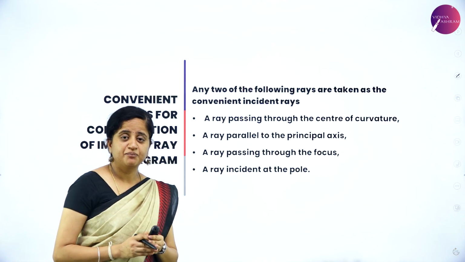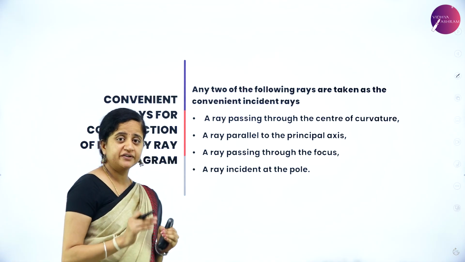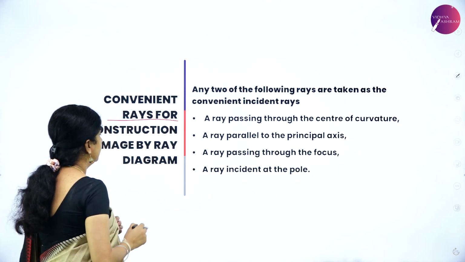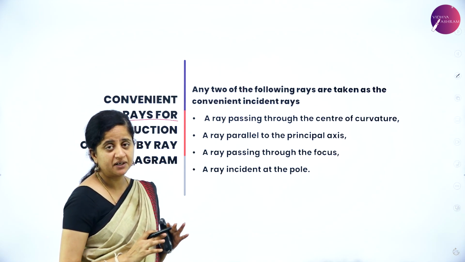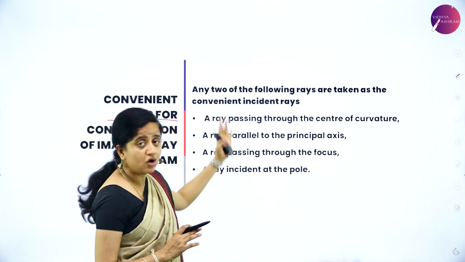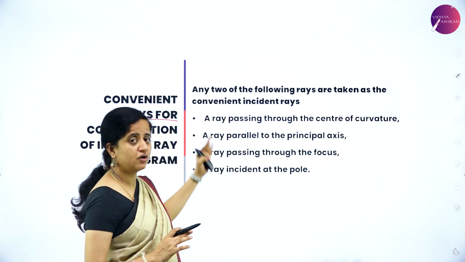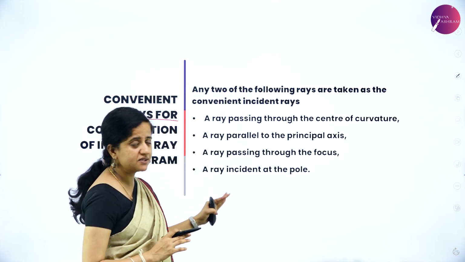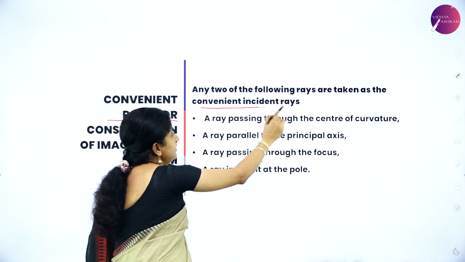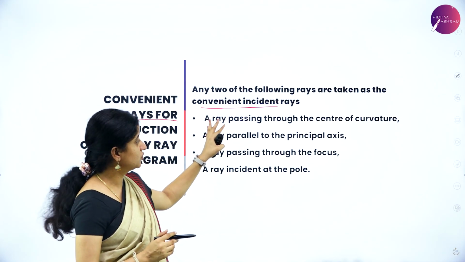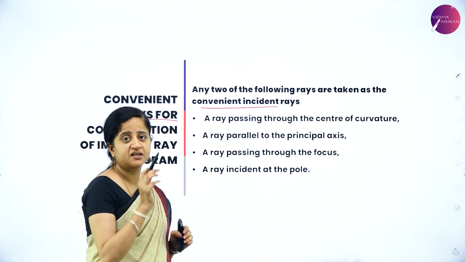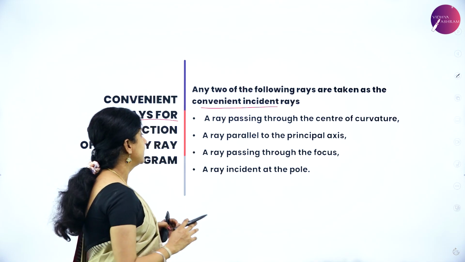It is also very important to know certain rules, or convenient ways, to construct a ray diagram. So let us understand them one by one. Any two of the following methods or rules are taken as the convenient incident rays. What are they? A ray passing through the center of curvature can be convenient to draw the ray diagram.